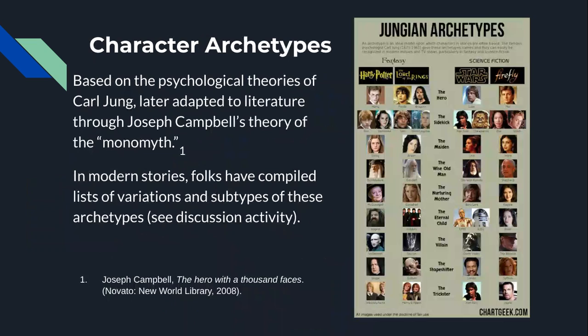The idea of the character archetype approach is that these different characters, even though they're very different people, are essentially the same and play the same role. So we have the wise old man: Dumbledore, Gandalf, Obi-Wan, and Shepherd Book.